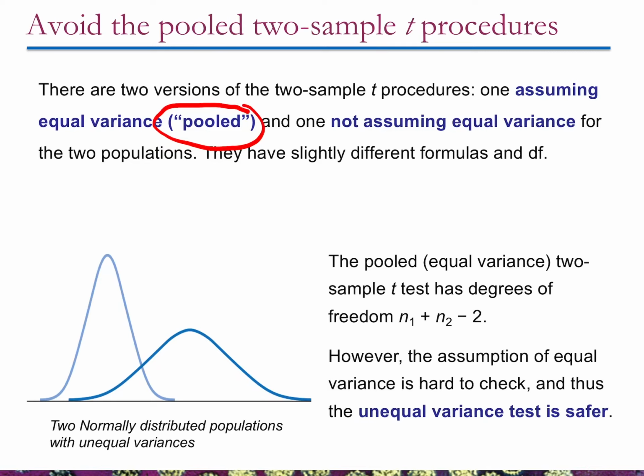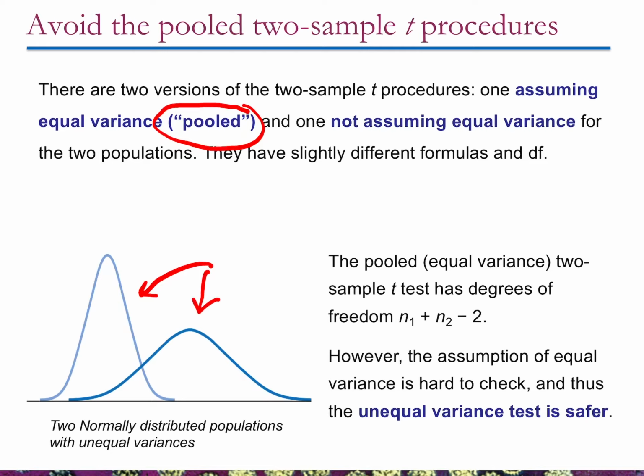Now, the thing is that this assumption of equal variance is somewhat difficult to check. It's hard to verify. So if you have no idea if the variances of your two samples are the same, or if you have two very different variances, then it's best to use the unequal variance or the non-pooled option.